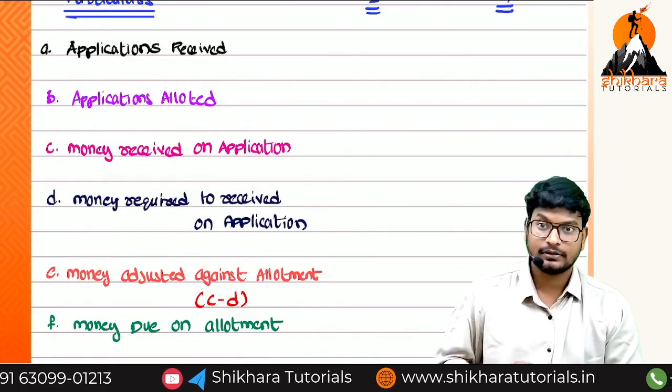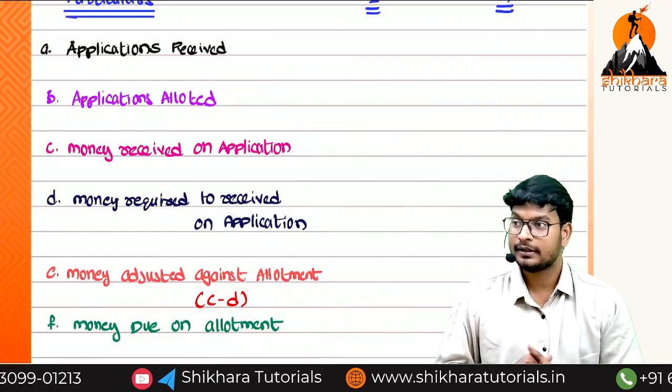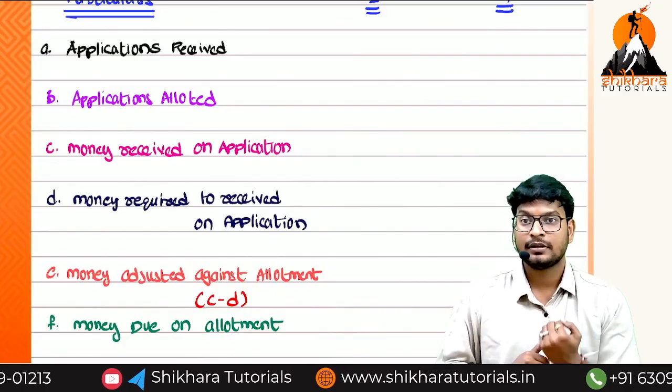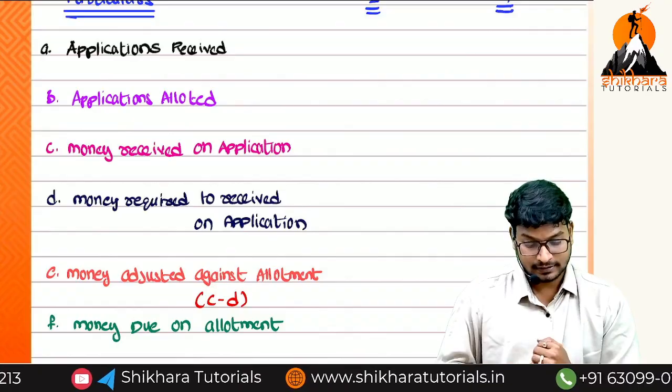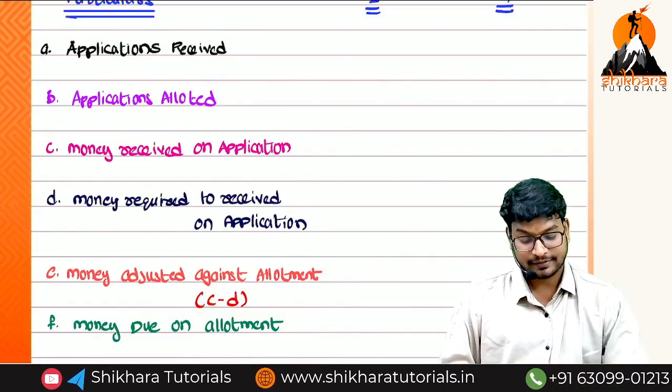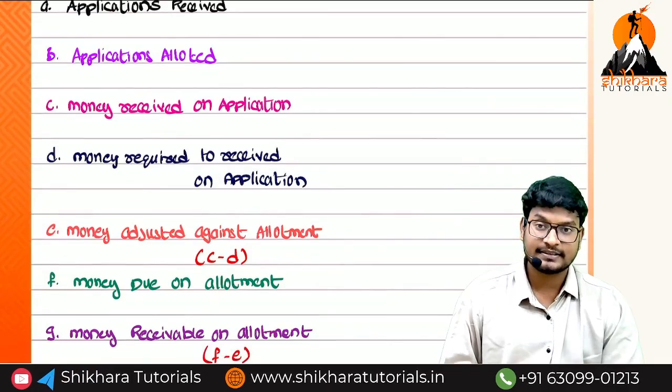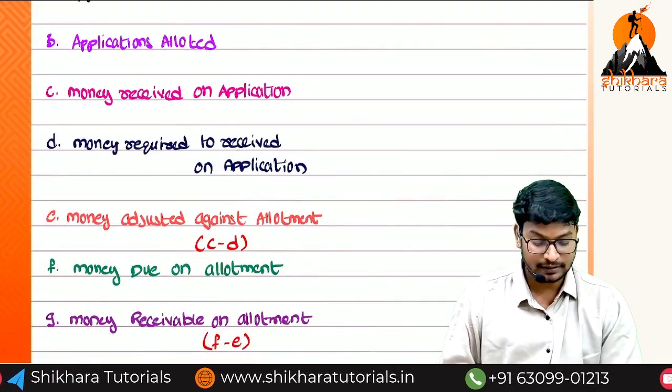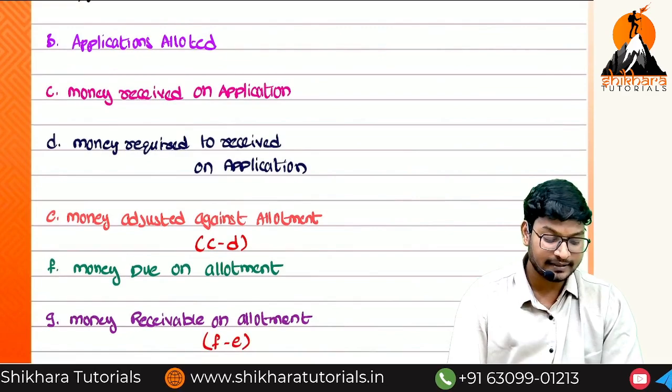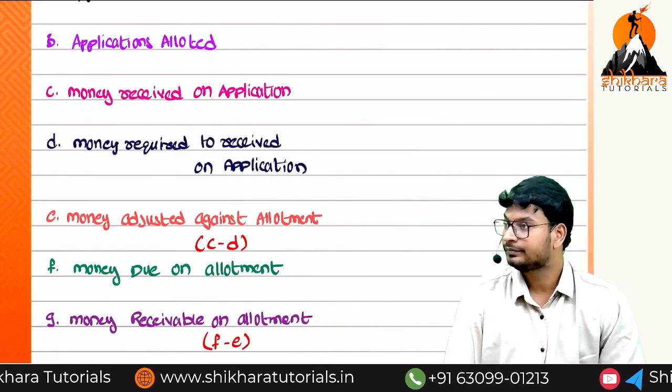Applications received, applications allotted, application money received, application money required to be received, and then money adjusted against allotment, and then what ma? Amount due on allotment, money receivable on allotment.